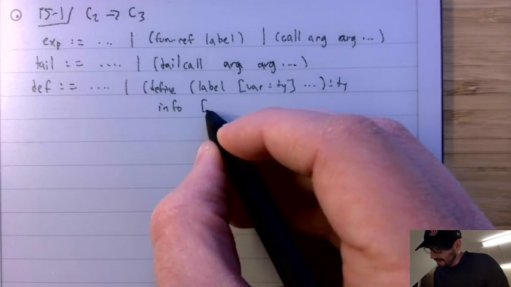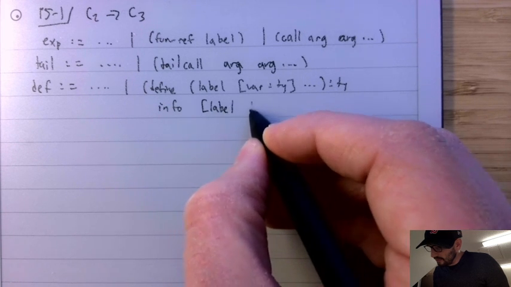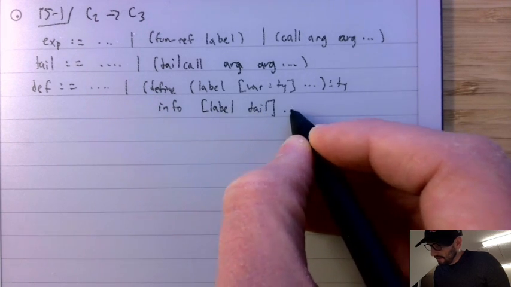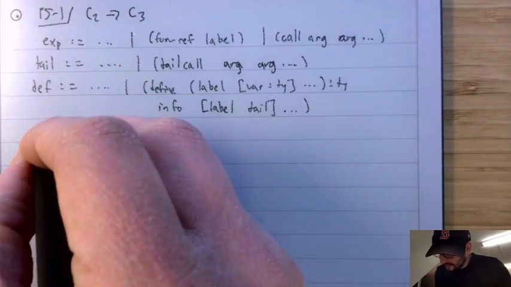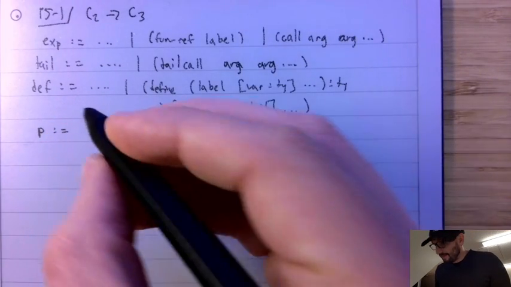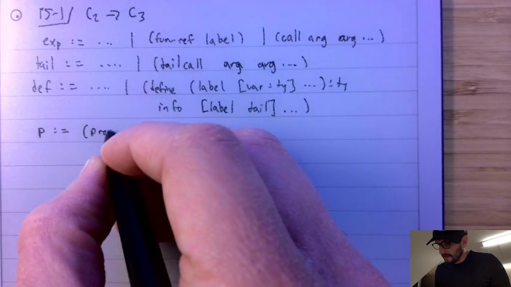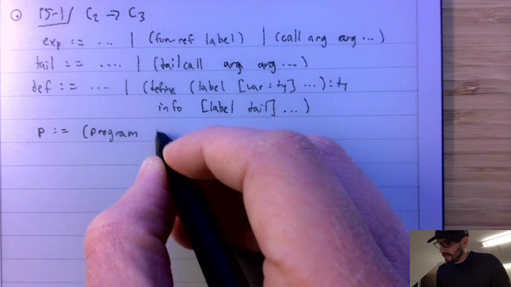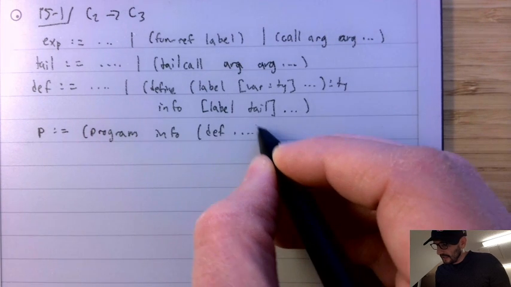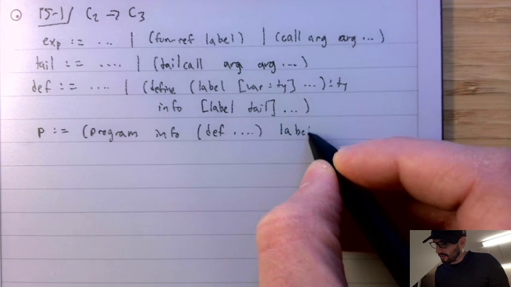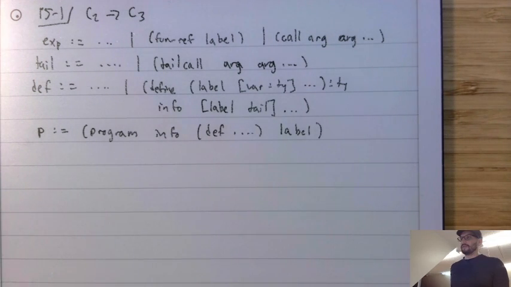Then we have a mapping from label to tail for that particular function. Finally, we have programs, where a program is some info, a sequence of definitions, and then a label that we're going to start the program with, which is going to be main.